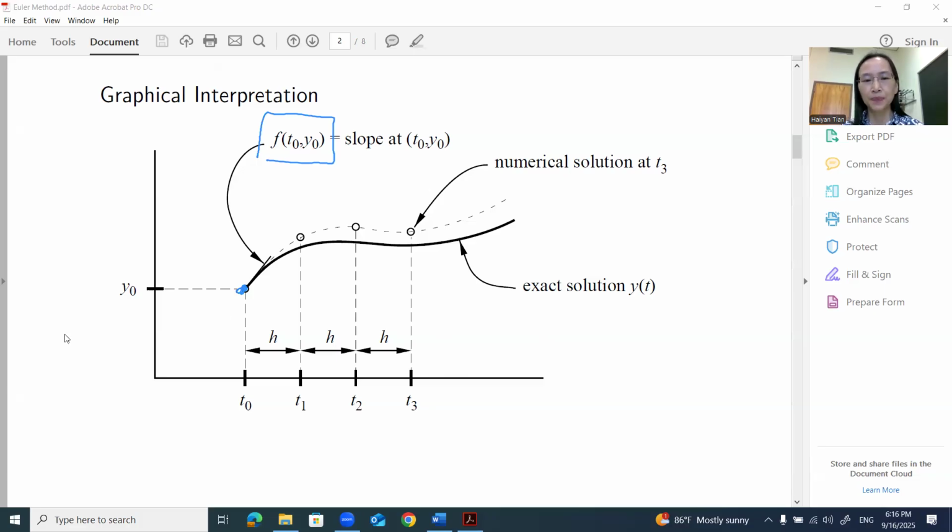So you just draw a tangent line. So we can quickly write, passing through the point, the slope is this quantity times (t minus t0).